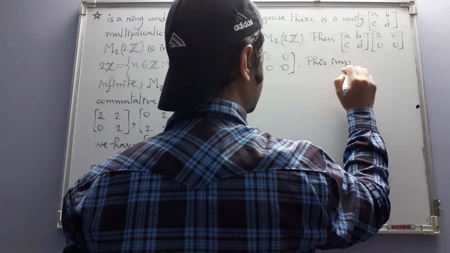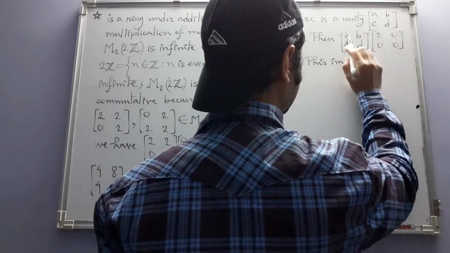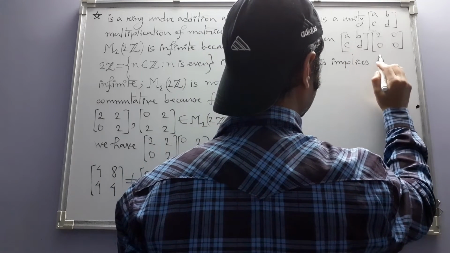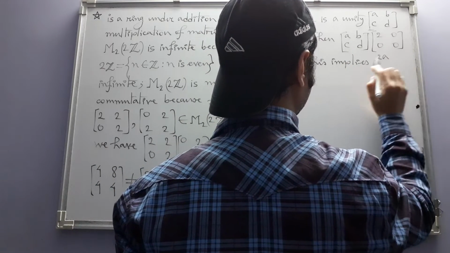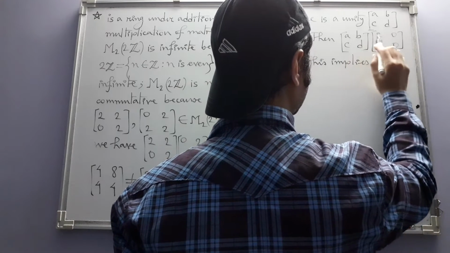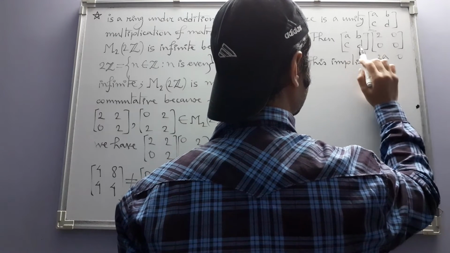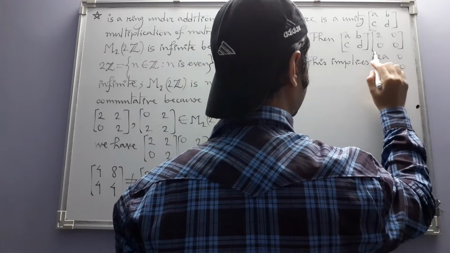This implies, so what is this product? 2a plus 0, 2a, 0 plus 0, 0, 2c plus 0, 2c, 0 plus 0, 0.